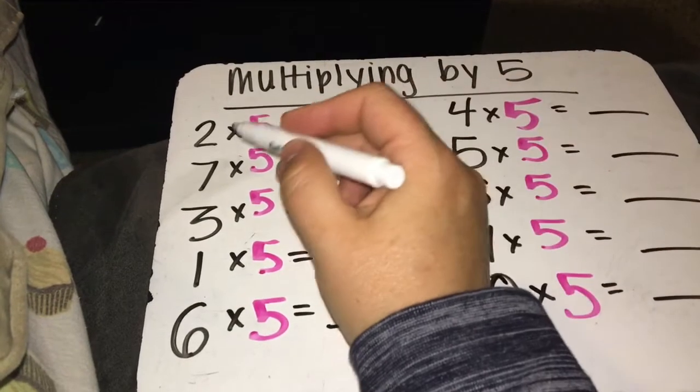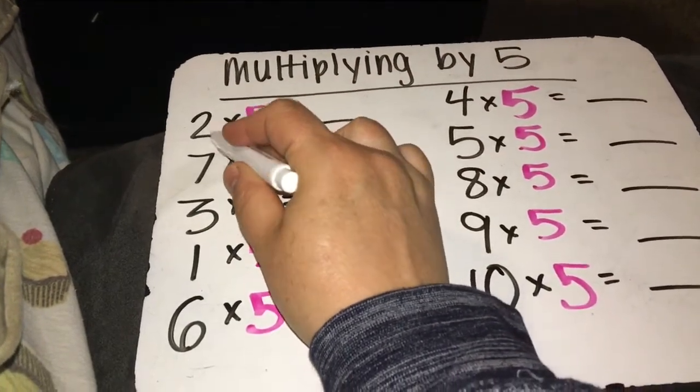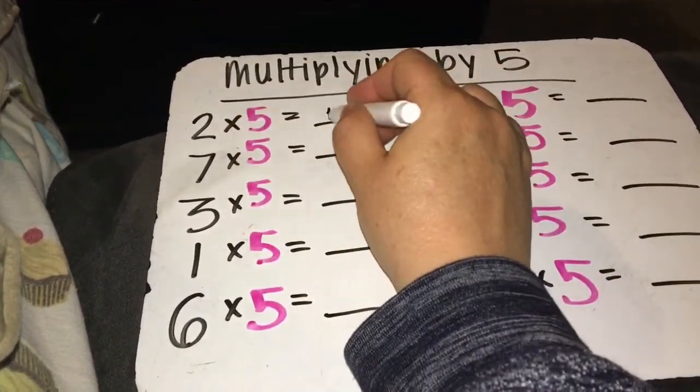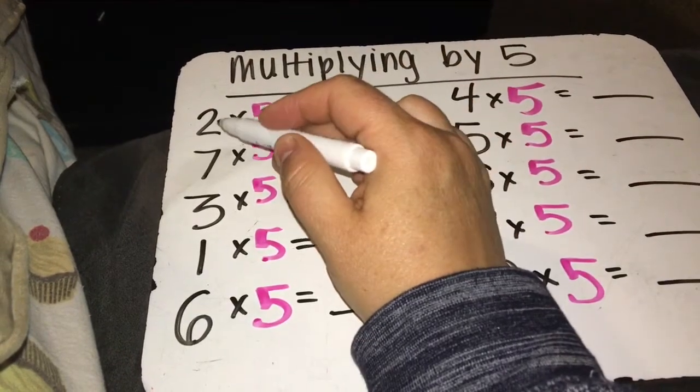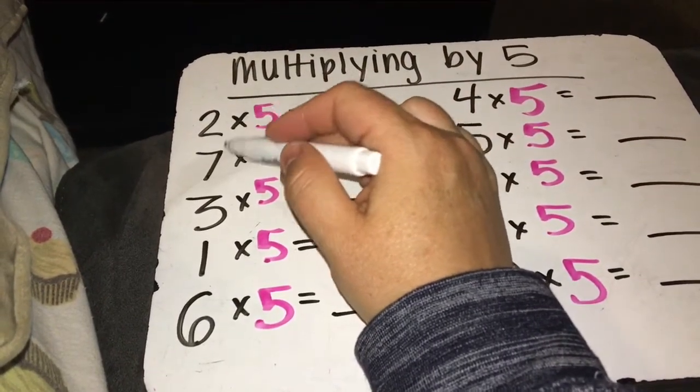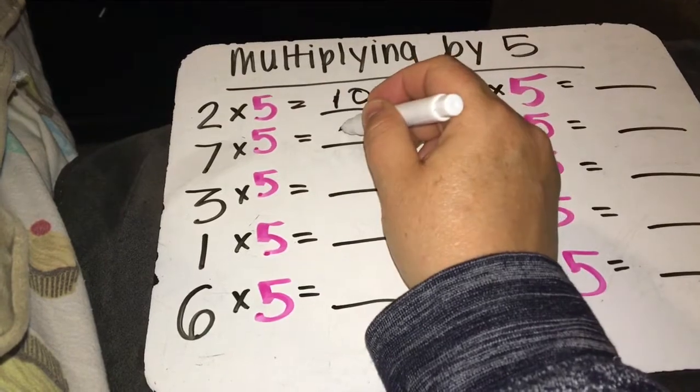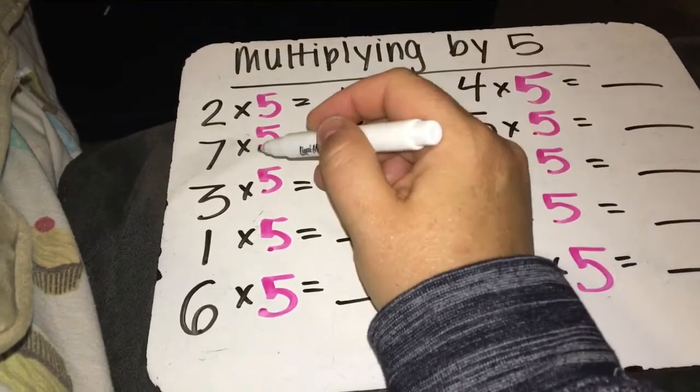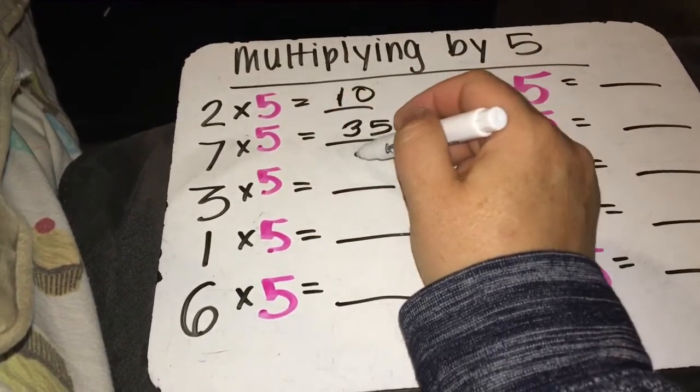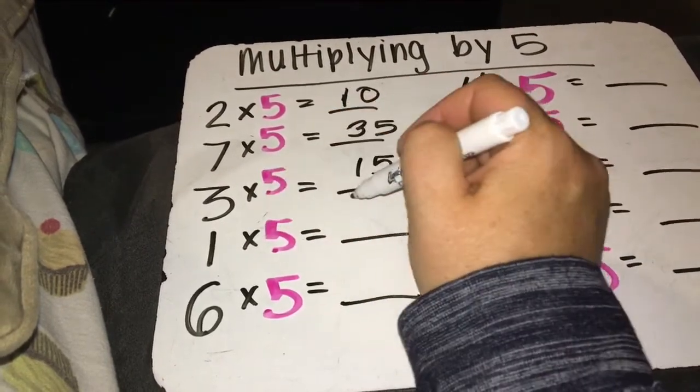Now multiplying by 5. You can count by your 5s: 5, 10. Count by your 5s 7 times. 35. So you can just count by 5s each time.